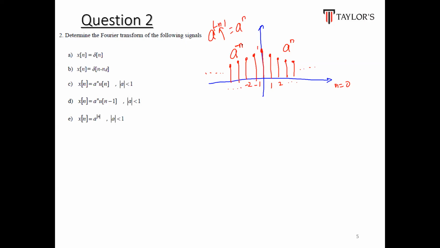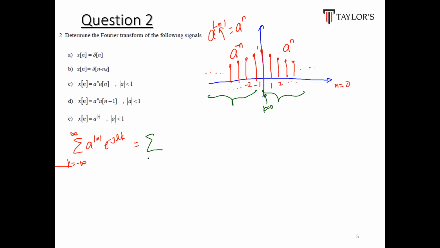So therefore, we can split our equation into two parts. We have the summation of k equals negative infinity to positive infinity, a^|k| e negative j omega k, correct? Now, I split my summation into two parts. One part is here. Second part is here. All right, take note, the second part includes k equals 0. So now I split my summation.